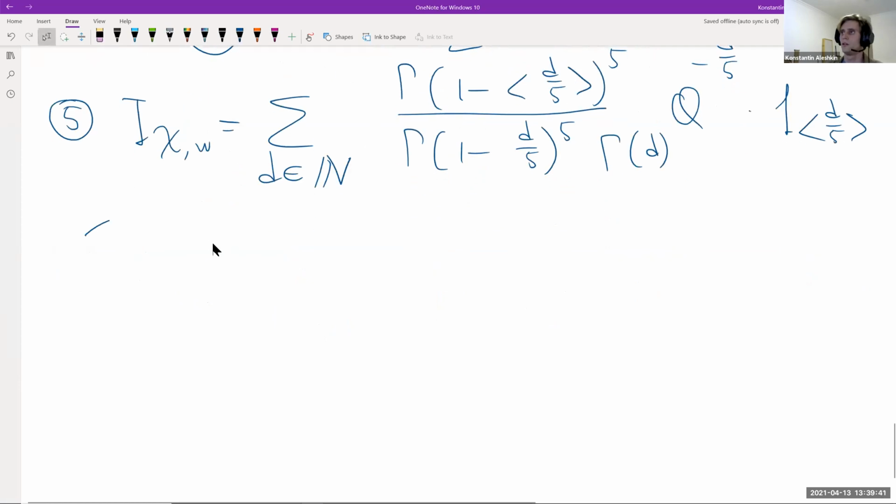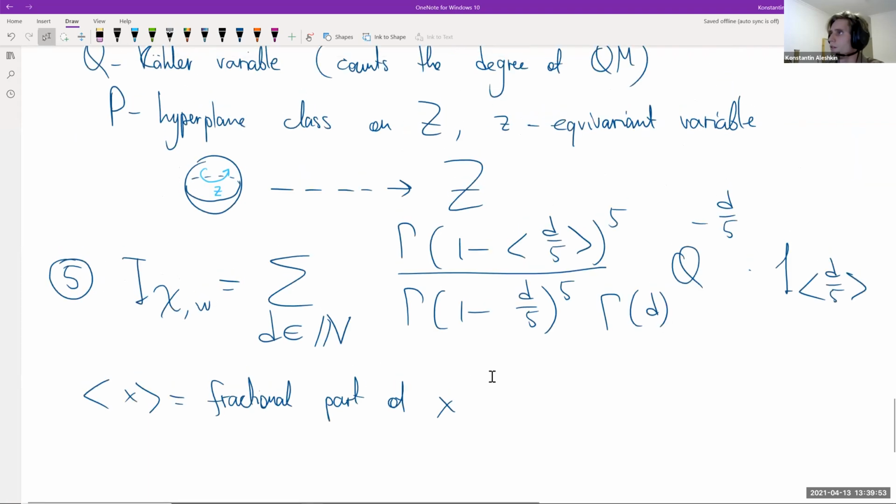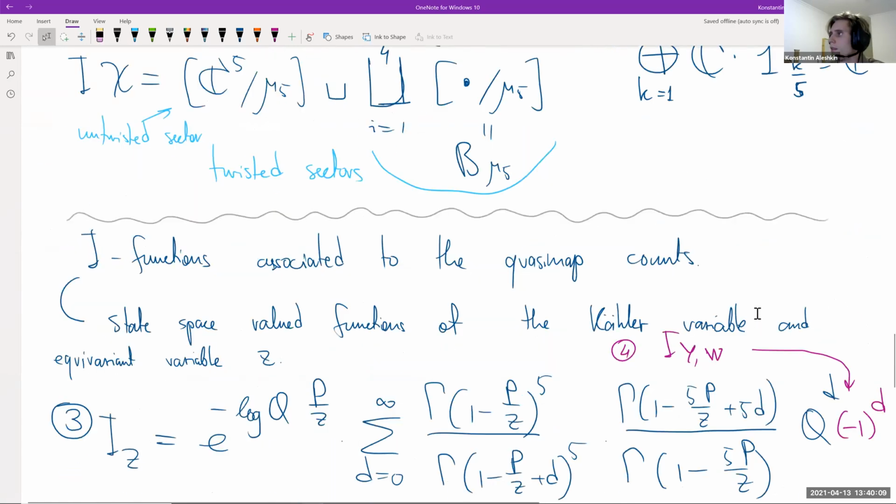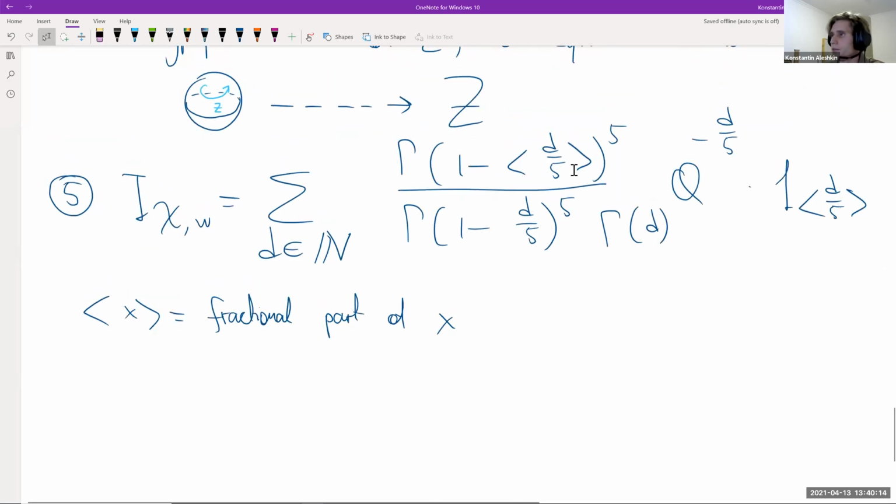So these angular brackets denote the fractional part of x. And this 1 sub something over 5 is an element of the state space. So the state space is generated by 1 sub 1 over 5, 2 over 5, 3 over 5, and 4 over 5. And if d is integral, then, actually, yeah, minus 5z. So if d is 5 times an integer, then this gamma function in the denominator has a pole. So this whole expression vanishes actually.